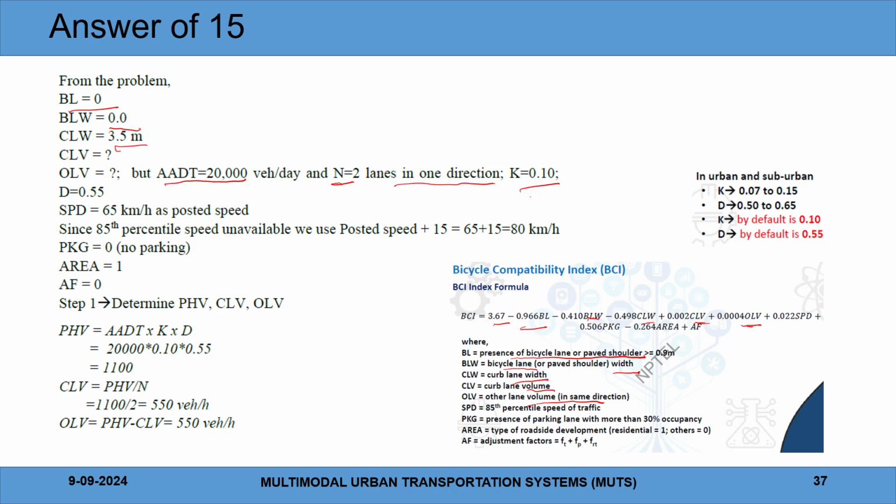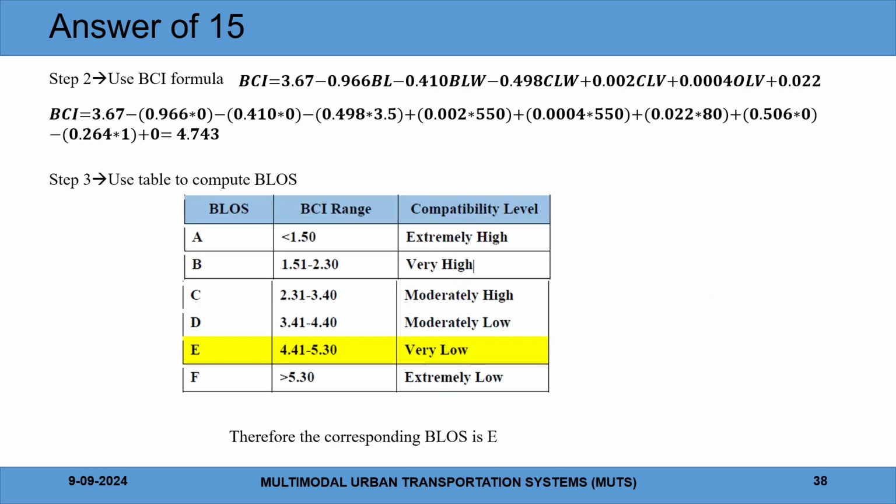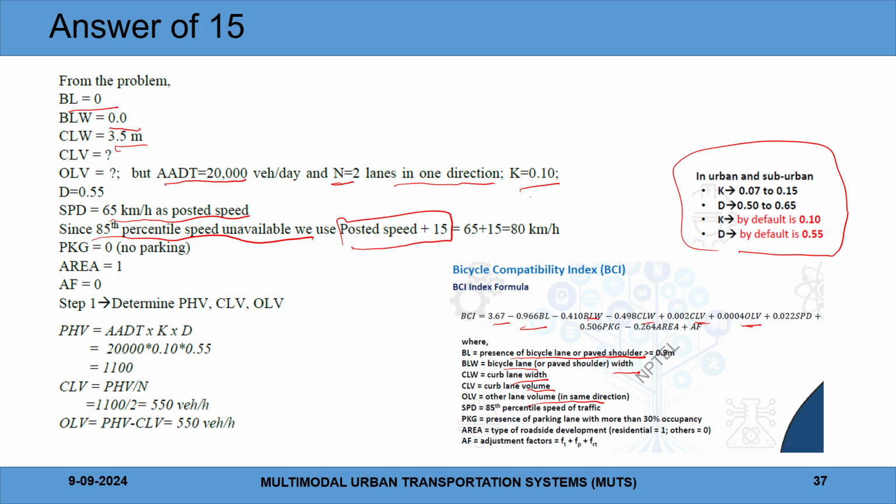Now we consider these default values 0.55 and 0.10, and the speed is 65 kilometer, given as the posted speed limit. So the 85th percentile speed should be the posted speed limit plus 15. By doing that it will come as 80. So this value will be 80.